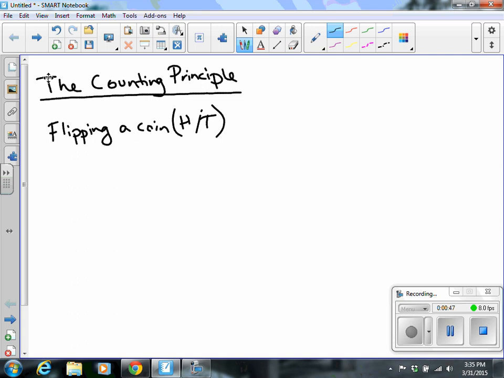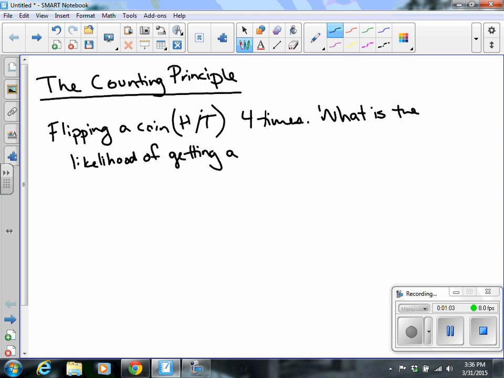And then I'm going to flip this coin 4 times. What is the likelihood of getting all heads? Okay, so we can represent this as a tree diagram.